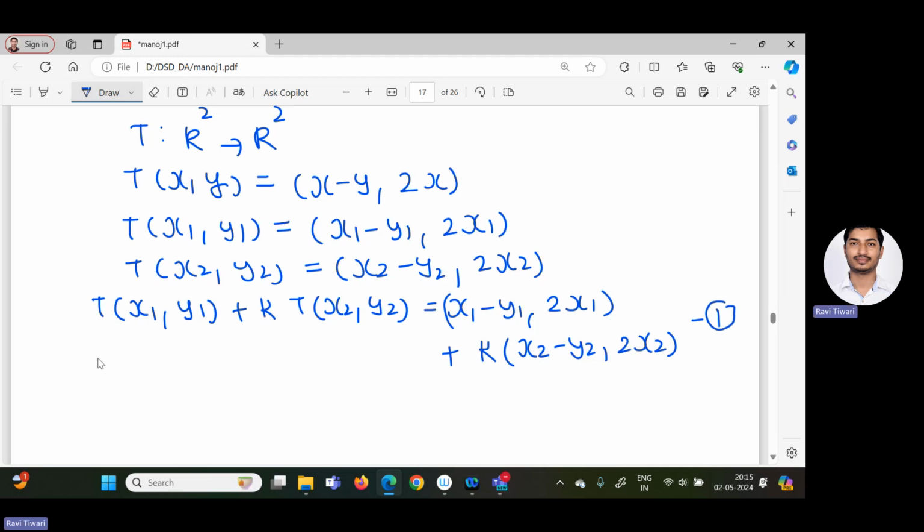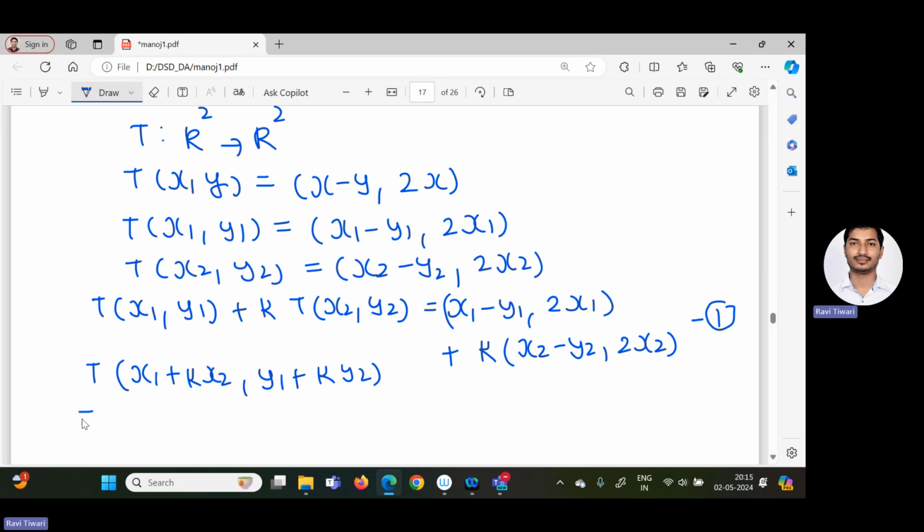Now, if we want to prove that this T is a linear transformation, we have to prove that T of x1 plus kx2 comma y1 plus ky2 must be equal to T of x1 y1 plus k times T of x2 y2.